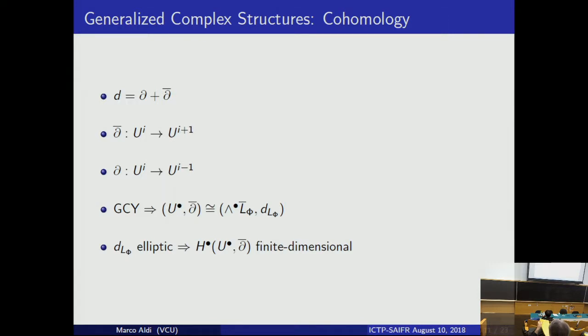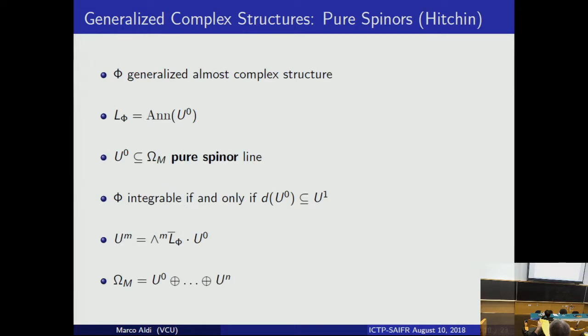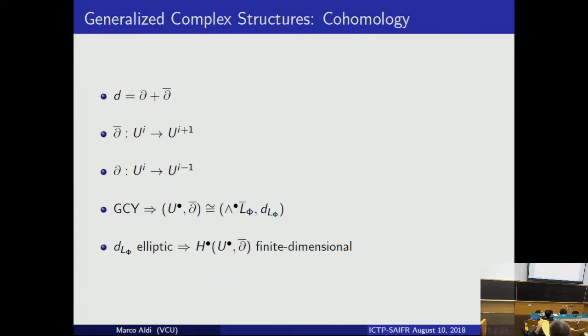As it turns out, there will be a piece of the de Rham operator that increases the degree with respect to this grading by 1, and that is called del bar. And then you have a del operator that decreases the degree by 1.